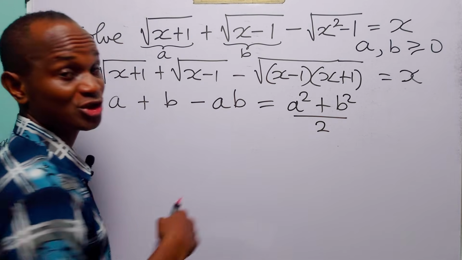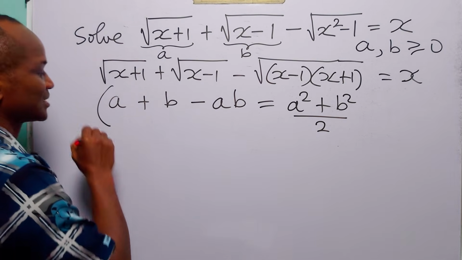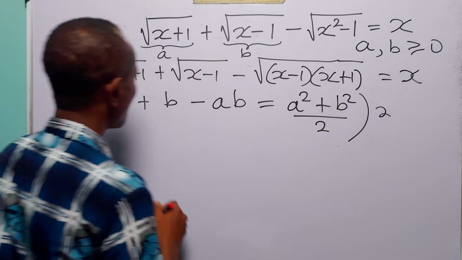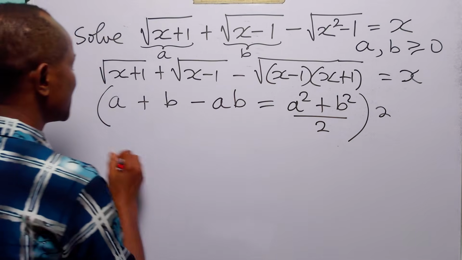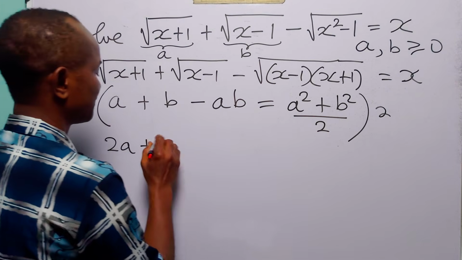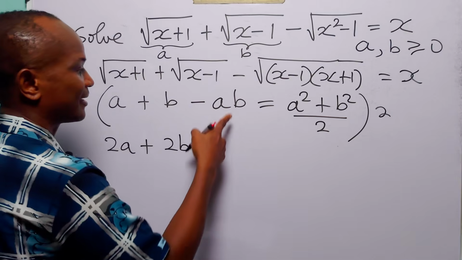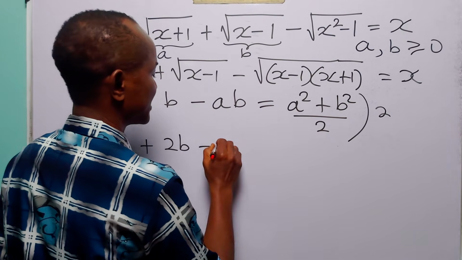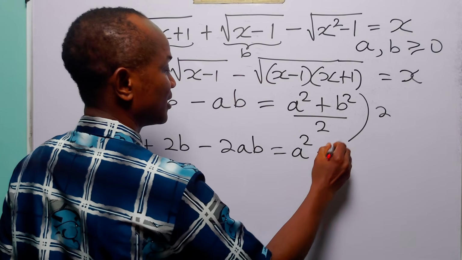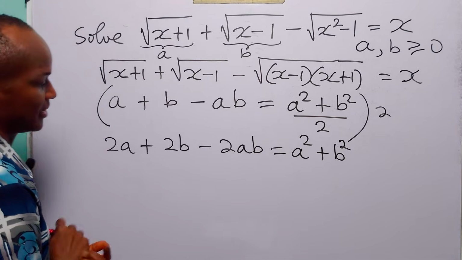To get rid of this fraction on the right hand side, let us multiply through this equation by 2. When we do that, we have 2a plus 2b minus 2 times a times b is equal to a squared plus b squared.